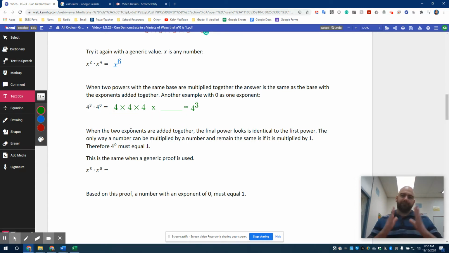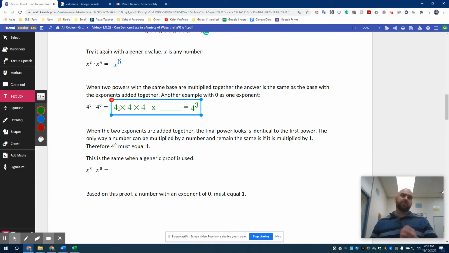So that means that we should have 3 4s multiplied together as our answer, and we already have that, but we have something that we need to multiply there. Now, the only value that we can multiply by that doesn't change our answer is 1. That's the only thing that will not change our answer. If we multiply by 0, it gives us an answer of 0, so it won't give us an answer of 4 to the power 3.